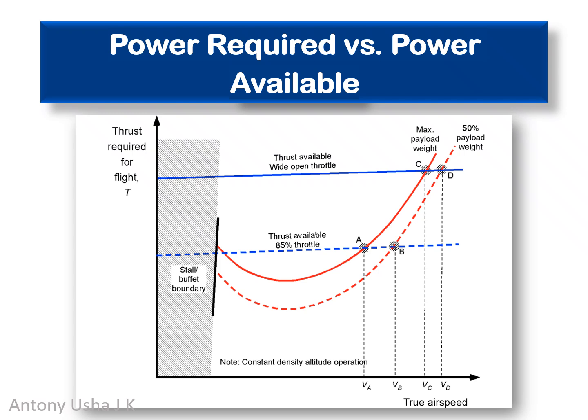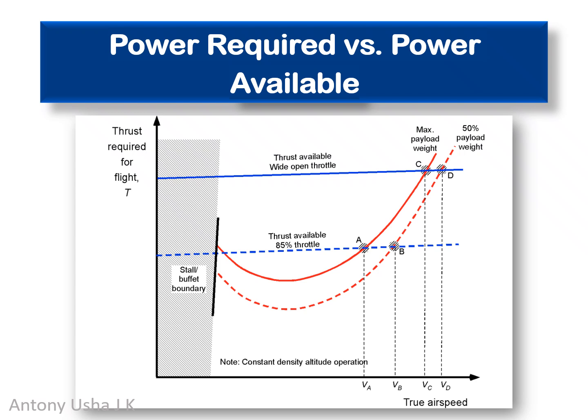Points A and B represent the operating points for maximum load at 85% throttle. The aircraft can fly between these two speeds; outside this range, either the engine power is insufficient or the aircraft stalls. Points C and D show the wider range available when payload is reduced to 50%. The required thrust curve shifts downward, allowing flight at higher speeds with less engine effort.